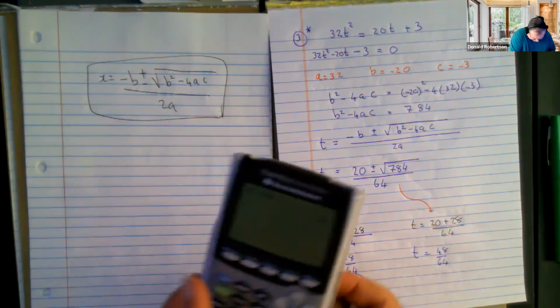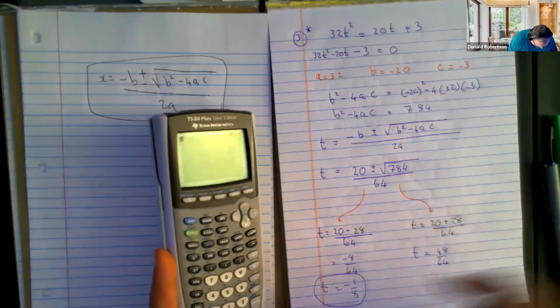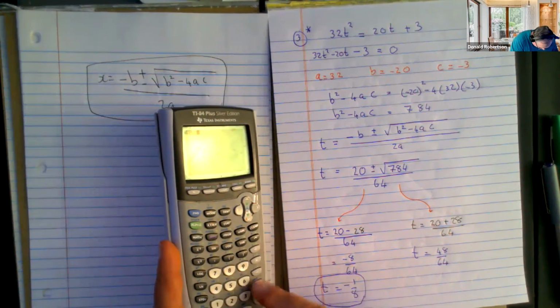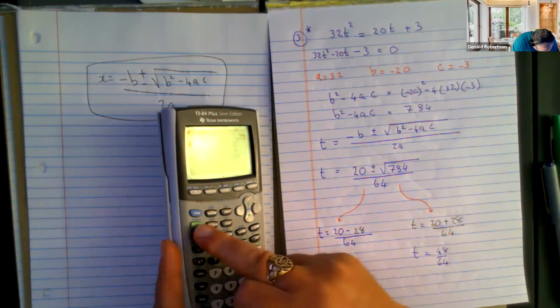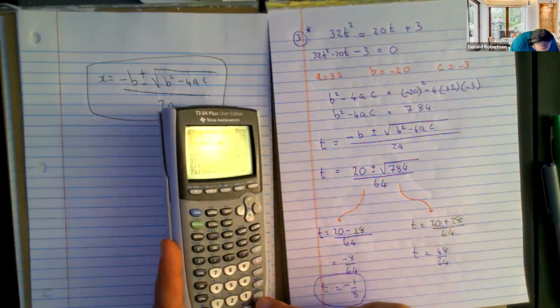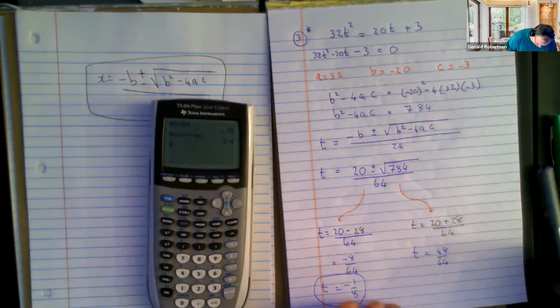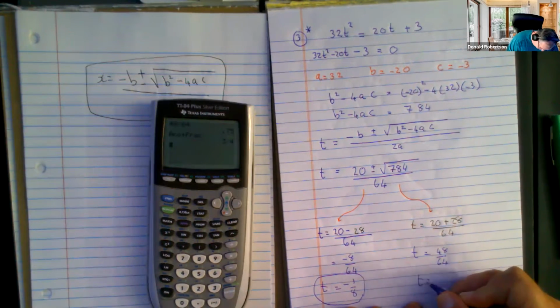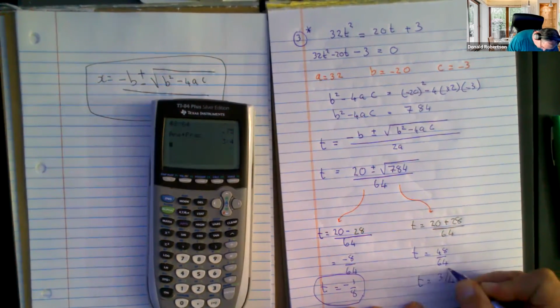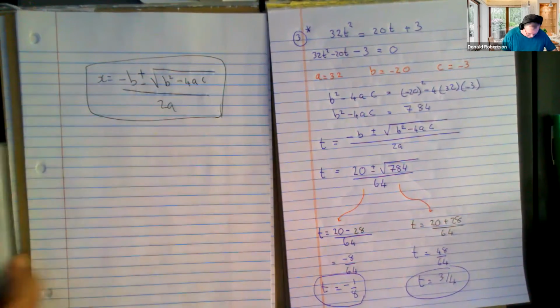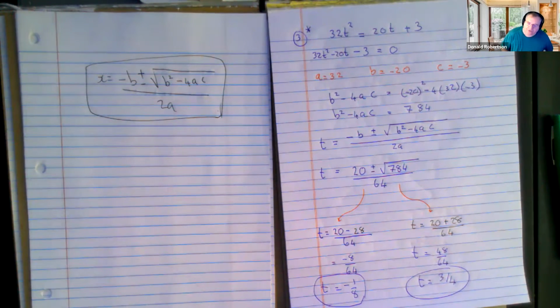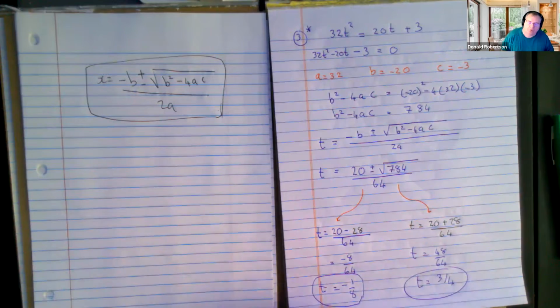Not the prettiest answer in the world. I believe it's 3/4. Let's check it out. 48 divided by 64. And then hit the math button, choice 1. And the answer I got was 3/4. So you can see we have two solutions and they work. We'll assume they work. I know they do.